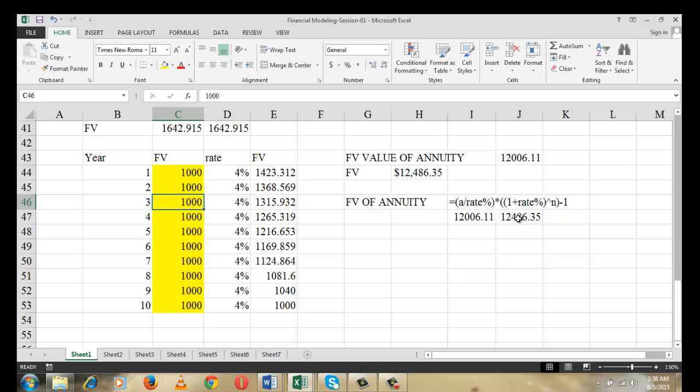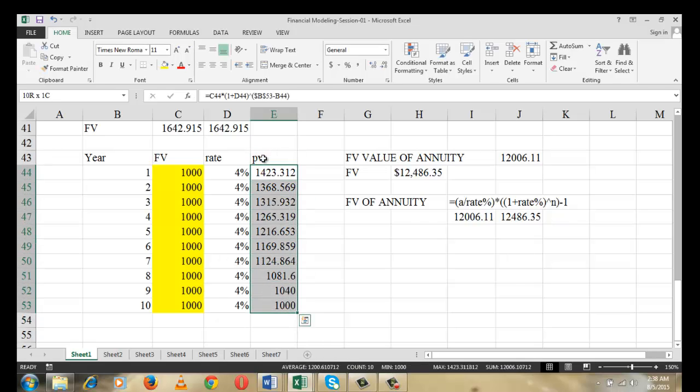So what you can do, you can talk about present value of annuity. Here in this case, you want to determine the present value of annuity. Imagine these are the future values of money, and you want to determine the present value.